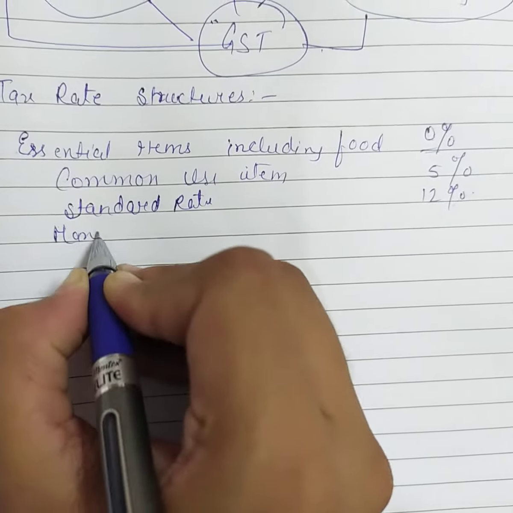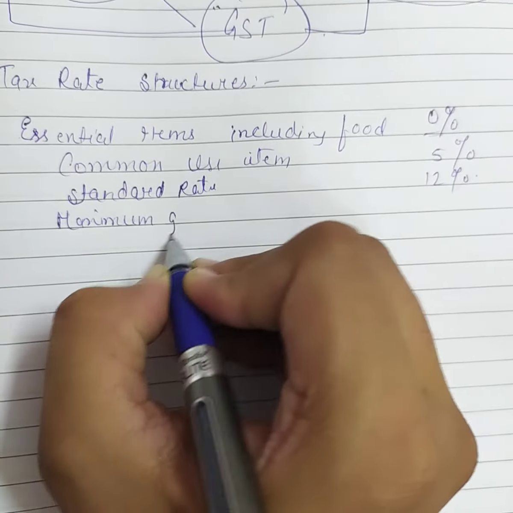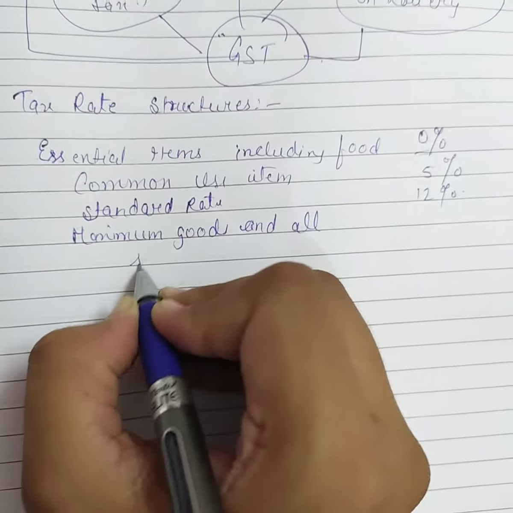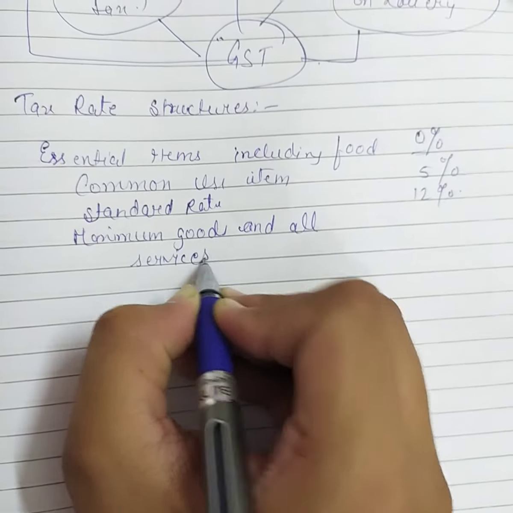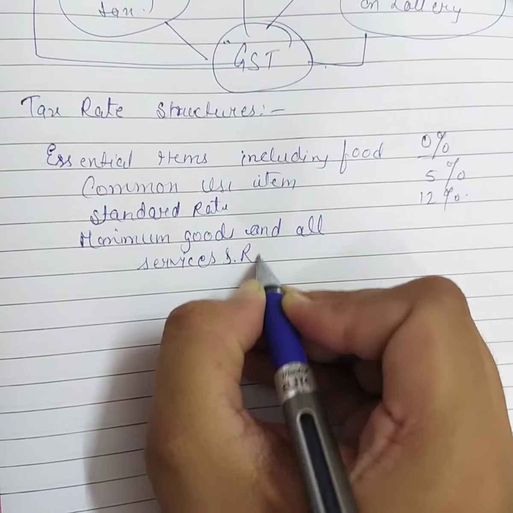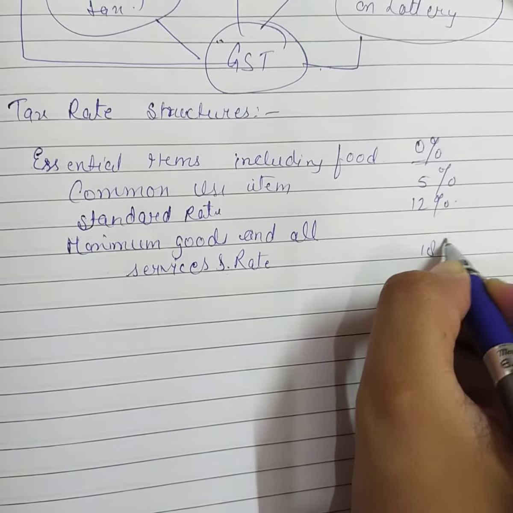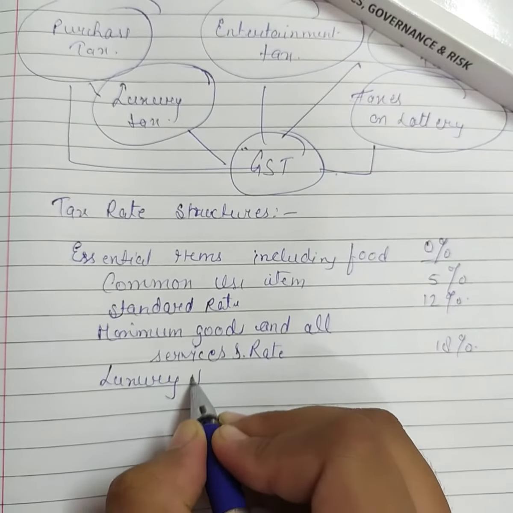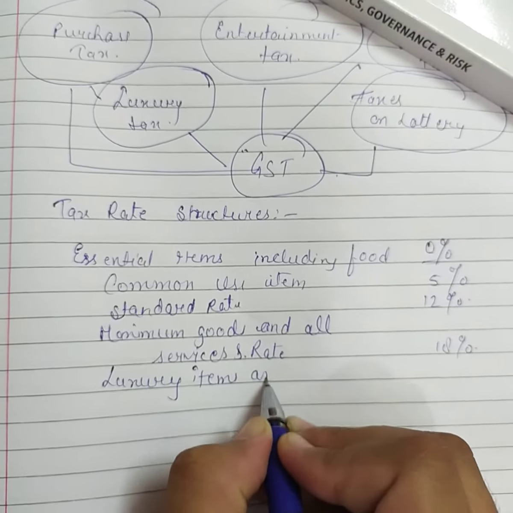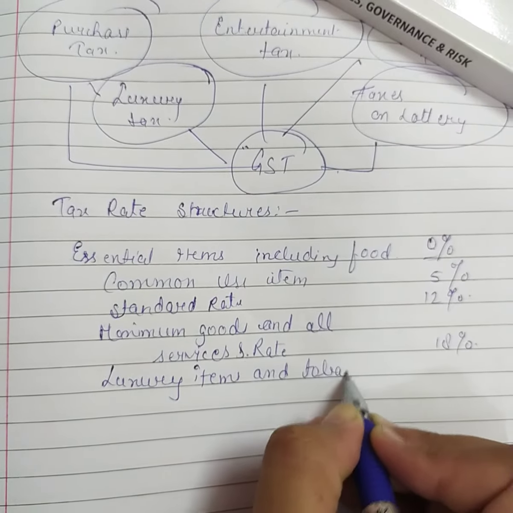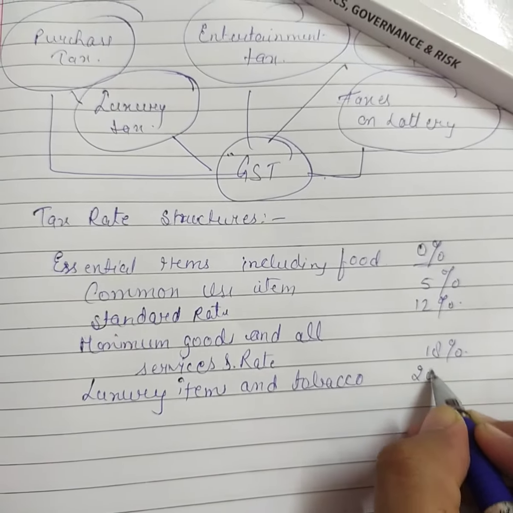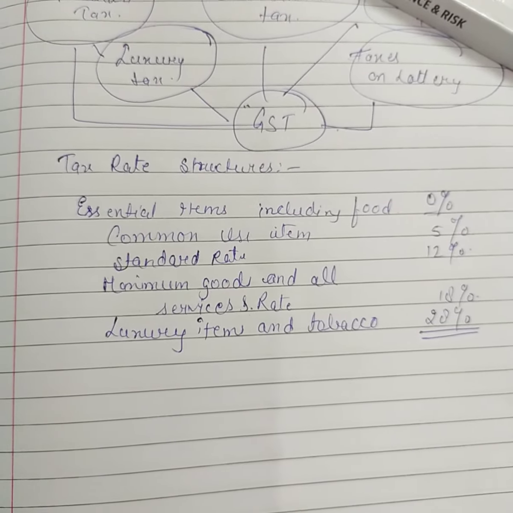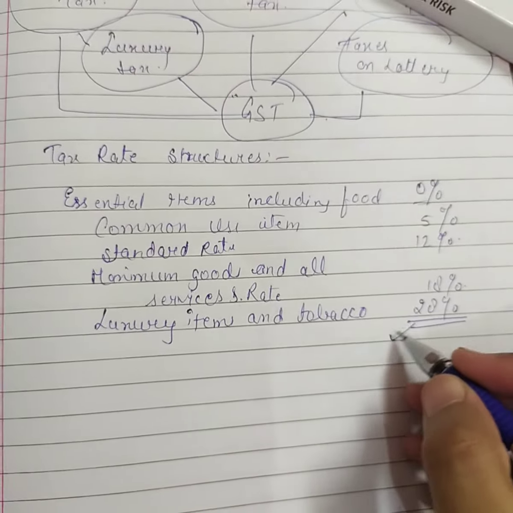Next is maximum goods and all services, standard rate, that is 18%. On luxury items and tobacco, it is 28%. So the maximum rate imposed under GST is 28%.